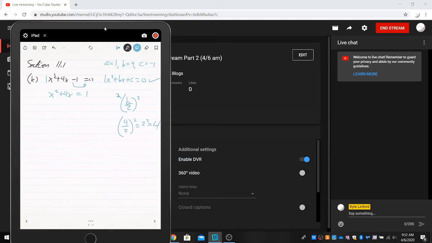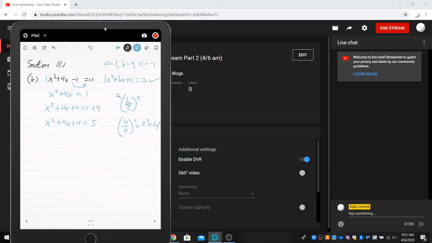What we're going to do is we're going to add that value to both sides of the equation. So I'm going to add a 4 here, and I'm going to add 4 to this side. Seems a little odd, but this problem is no different than this problem, and this problem is no different than the original. Hopefully you're seeing that. So we get x squared plus 4x plus 4 equals 5.